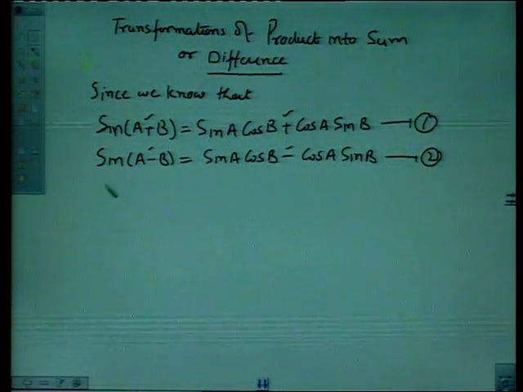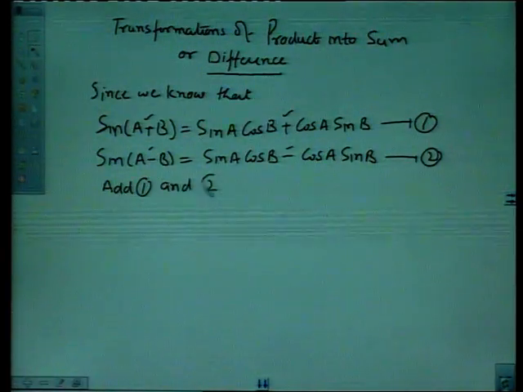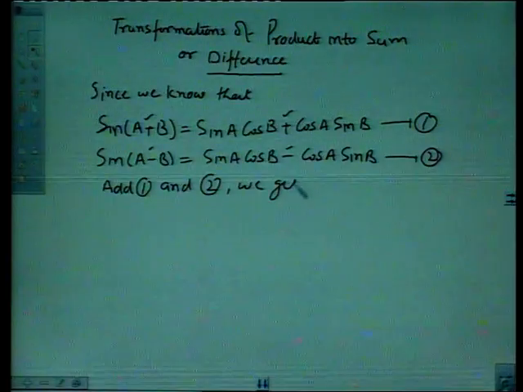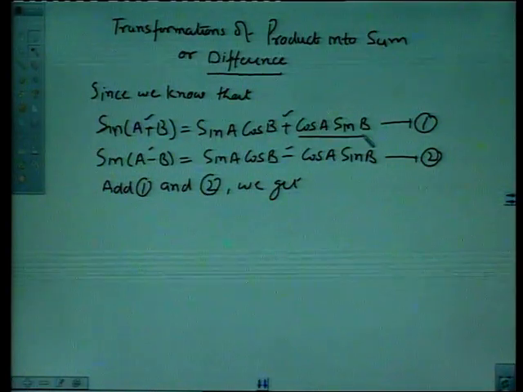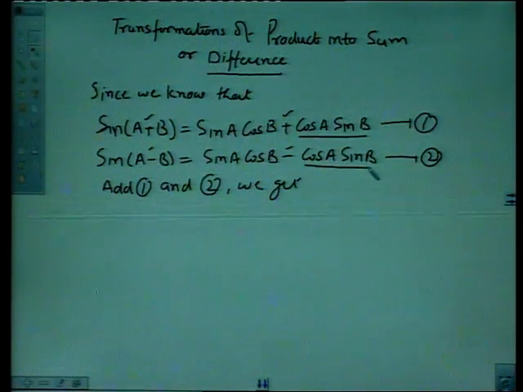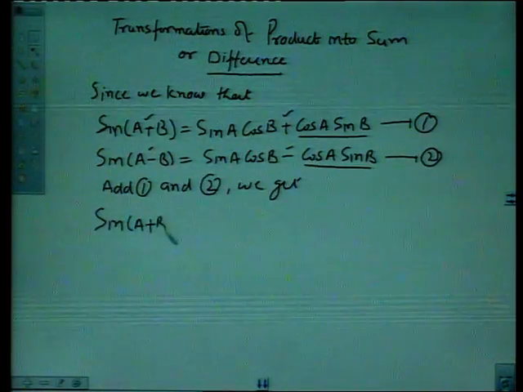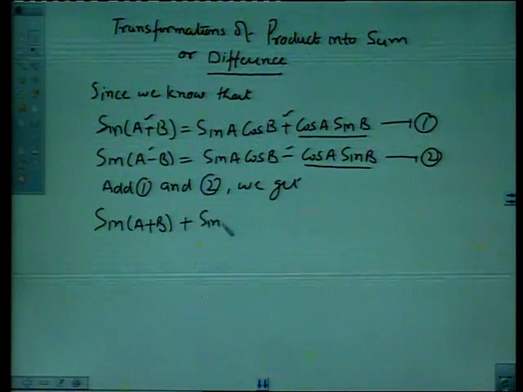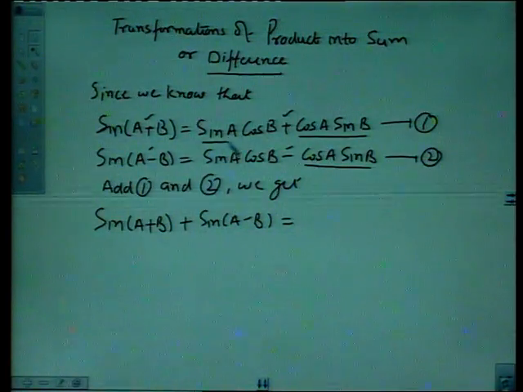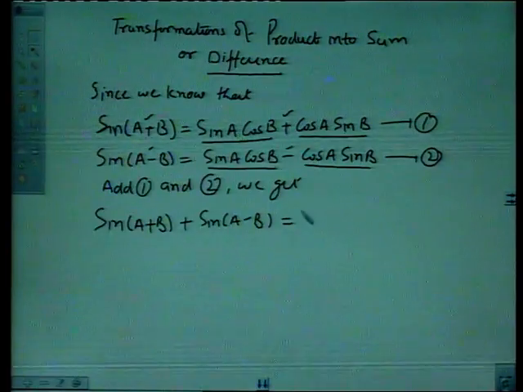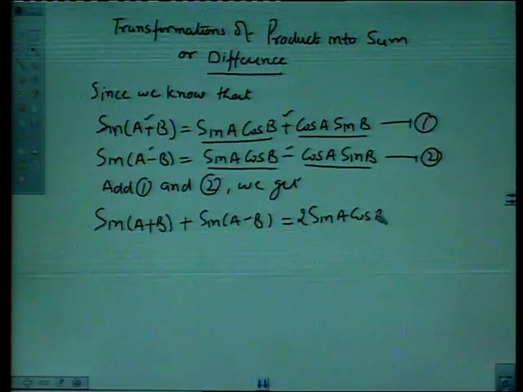So, when you add these two equations, equation number first and second, what will you get? When you add, this term will cancel, this is cos A sin B, this is minus cos A sin B. You will get sin A plus B plus sin A minus B is equal to sin A cos B plus sin A cos B. This becomes 2 times sin A cos B, and these two terms cancel.